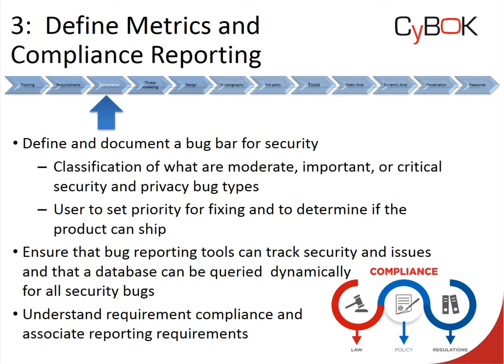How do we handle moderate, important, critical vulnerabilities? So like measures around the bugs and fixing the bugs that are reported. Compliance reporting is knowing what the standards are that you need to be compliant with, and what you need to record in order to be compliant, having that acknowledgement.